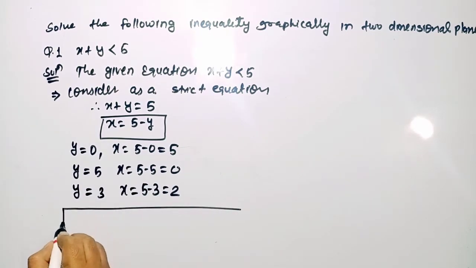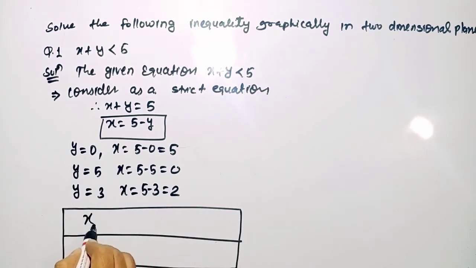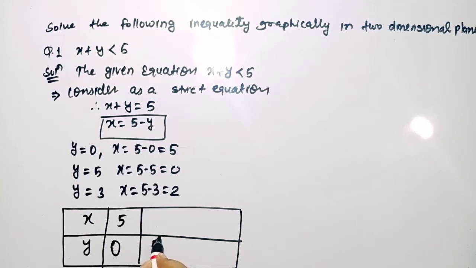Now we will tabulate these coordinates considering x and y. So y is 0, we are getting x is 5, then y is 5, we got x is 0, y considering 3, then we are getting x is equal to 2, right student?